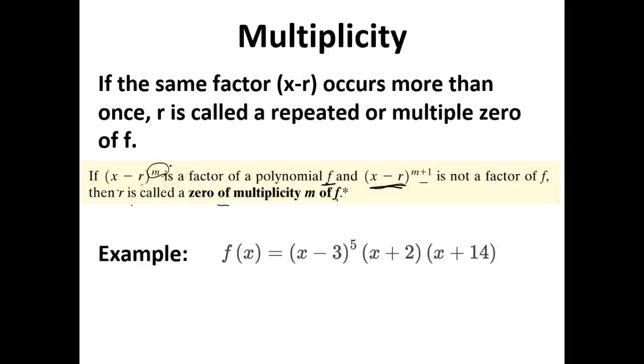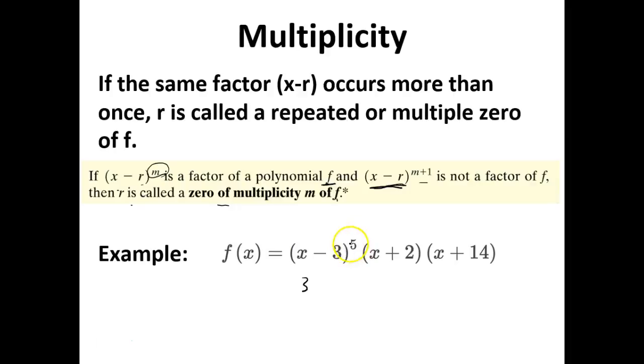For example, this example right here, if I look at this term here, the zero that would make this term turn into 0 is 3. 3 has a multiplicity, so this term right here, there's no other ones like it.